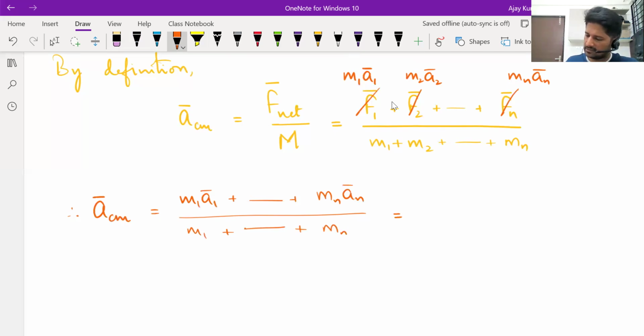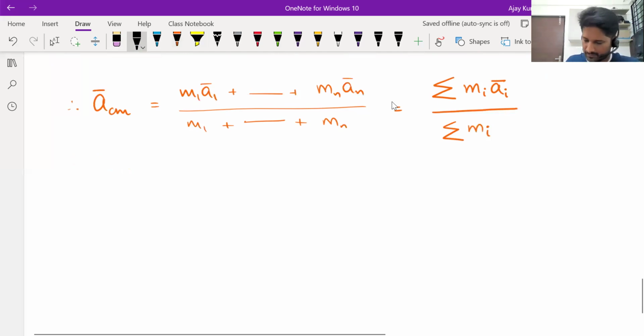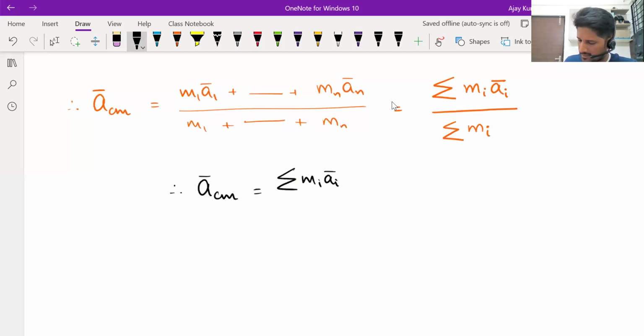The numerator can be written as the summation of mi ai vector, i varies from 1 to n, divided by the denominator, which can be written as the summation of all the masses. So this is the formula for acceleration of center of mass of a system: sigma mi ai divided by sigma mi.